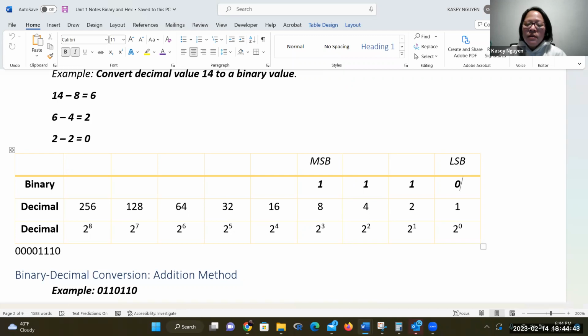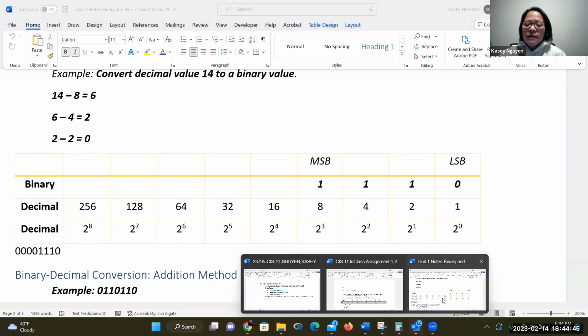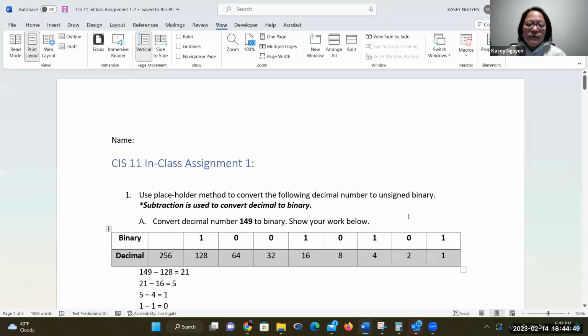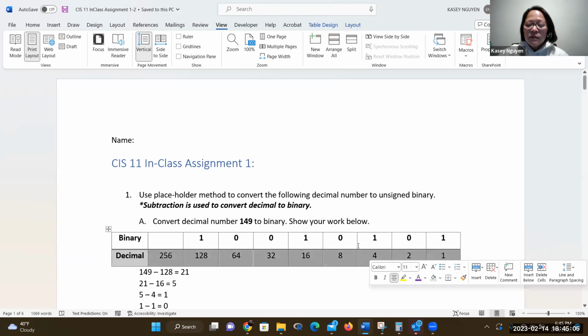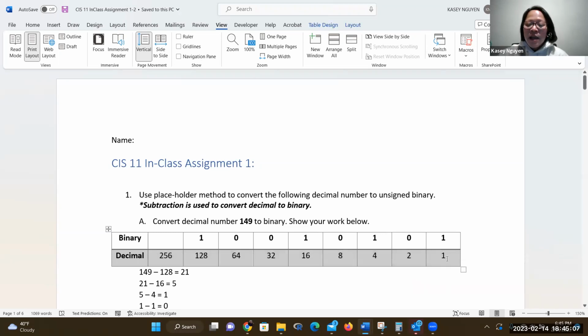Okay, so now let's do this together. I would have 149 in base 10. And again, I would look at the decimal scale. Starting from the right, it's 1 multiplied by 2: 2, 4, 8, and so on.